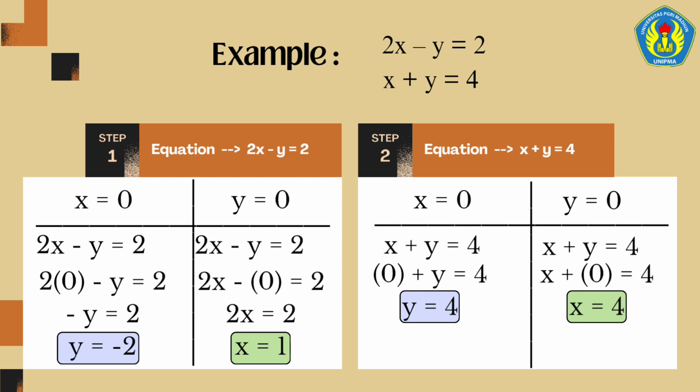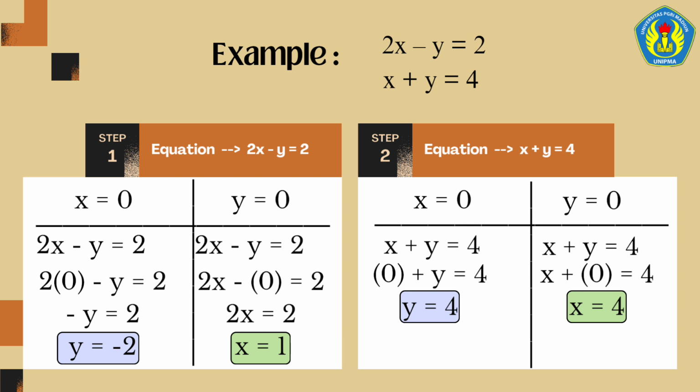The first equation, 2x minus y equals 2. Intersection point to the y-axis. If x equals 0, then we get y equals minus 2. Intersection point to the x-axis. If y equals 0, then we get x equals 1.